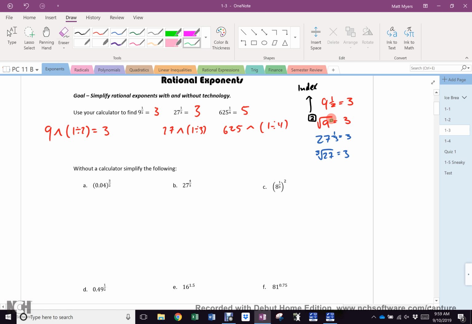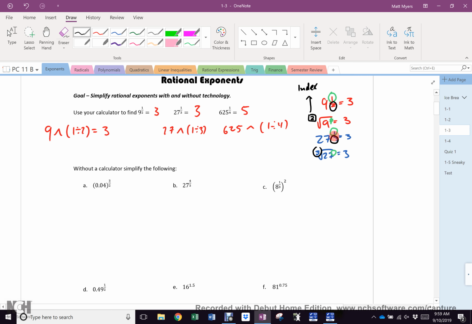What is it? 1. So, of course, you remember that 9 has a 1, the index has a 2. There's a 1, there's the 2. The 27 has a 1, there's the 1, there's the 3.